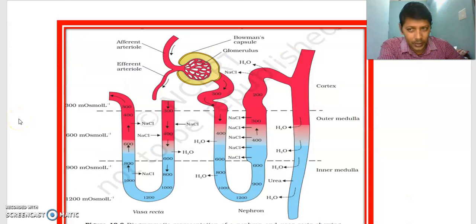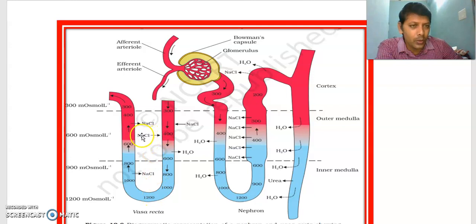It is giving NaCl. What is this? The ascending limb of vasa recta. It is giving the NaCl back into the interstitium and it takes water. That's why, look at the osmolarity in the vasa recta. It is 300 here. As it moves down, the osmolarity in the blood increases. Why?